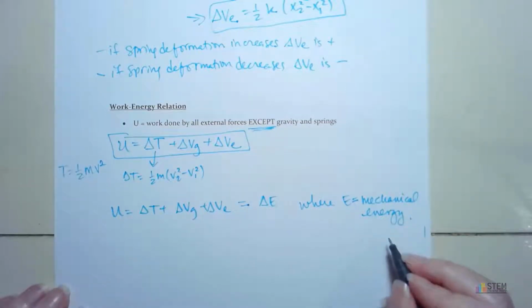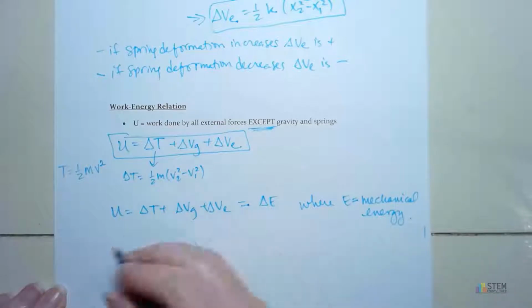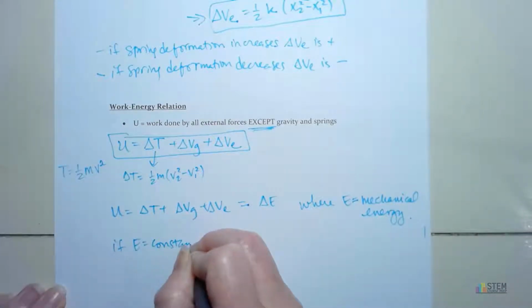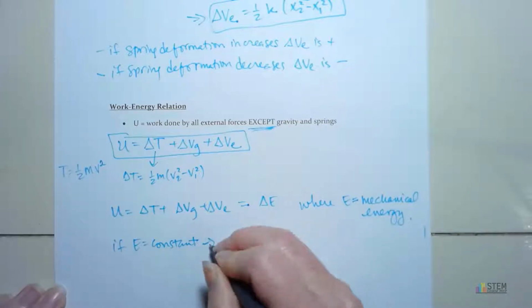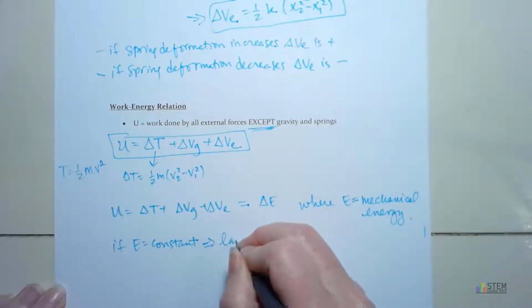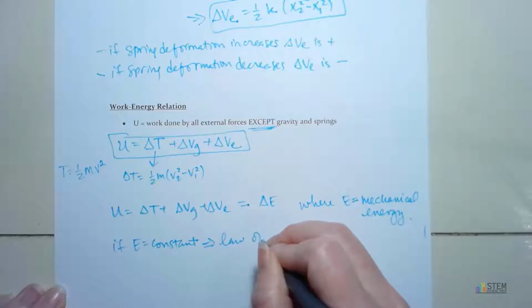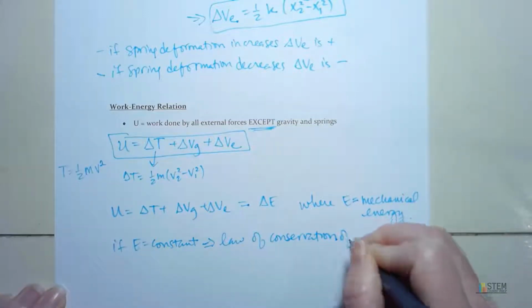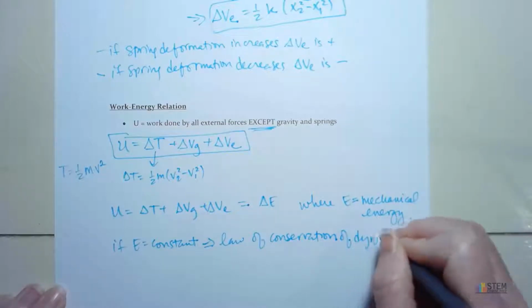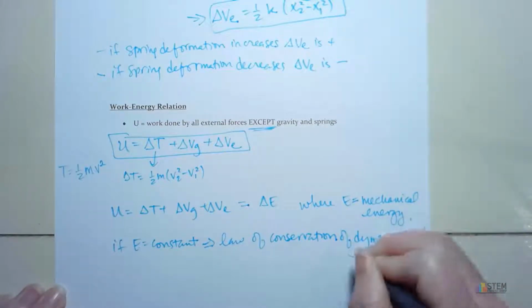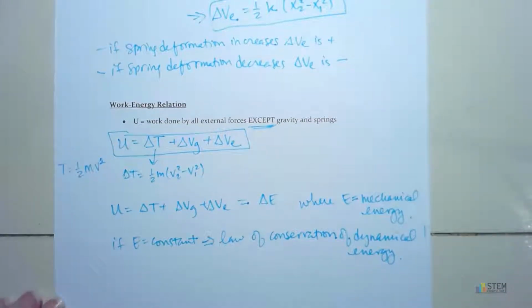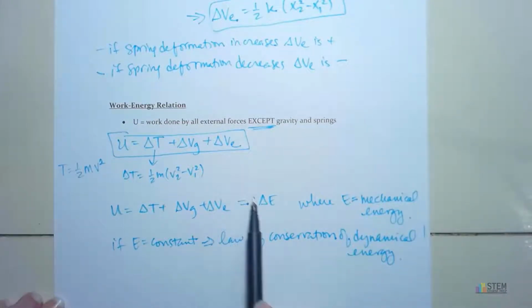Now we've got that. And if E is constant, then that means we get our law of conservation of dynamical energy, and that's because delta E here would go to 0.